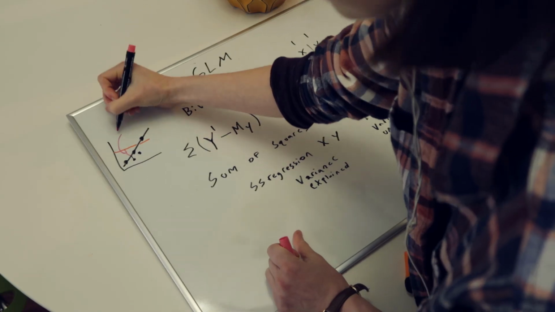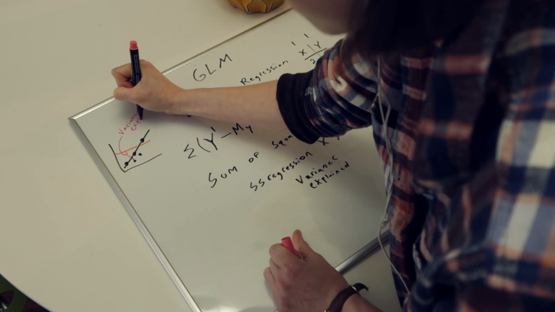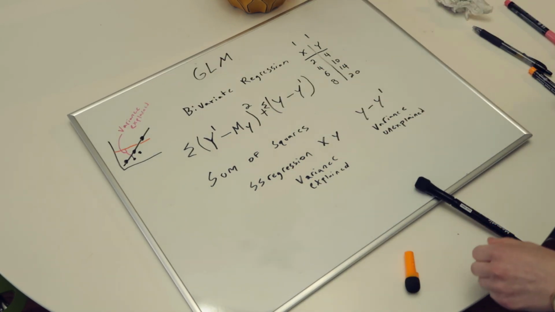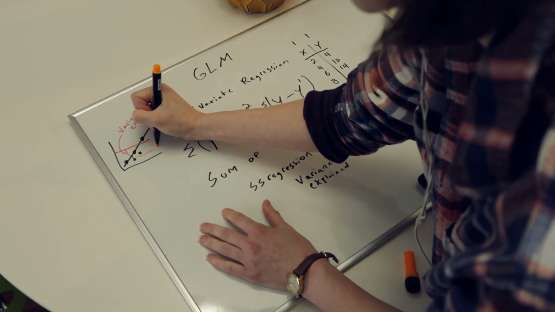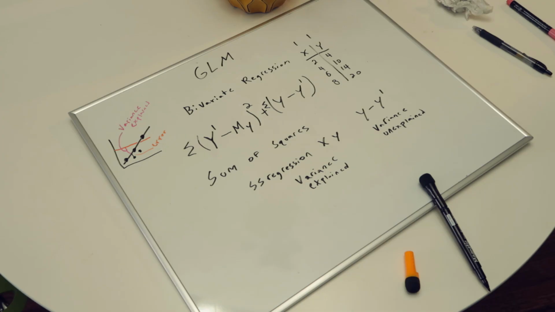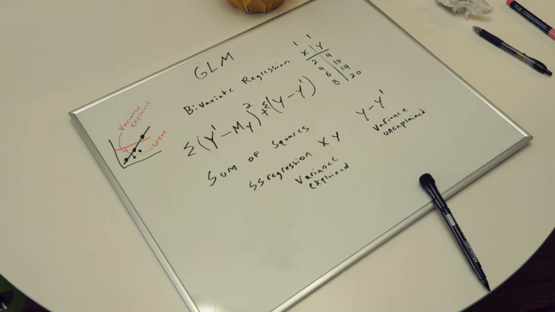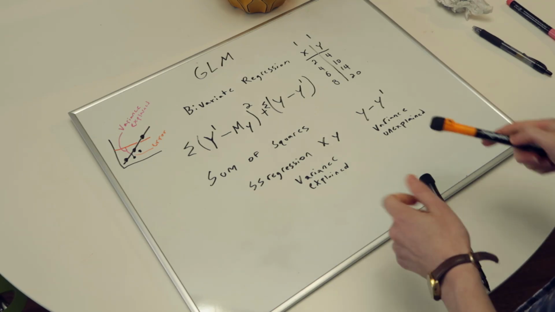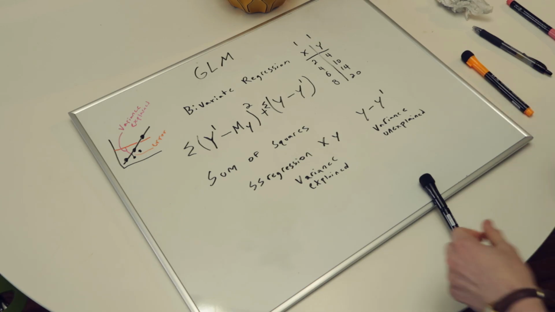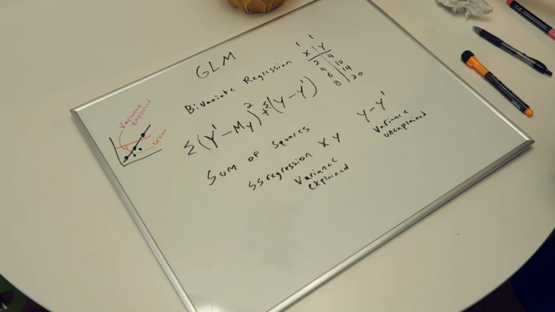This is variance explained. And this is error right here. We don't know why that occurs. So we're subtracting our raw y from our predicted y to figure out that unexplained.